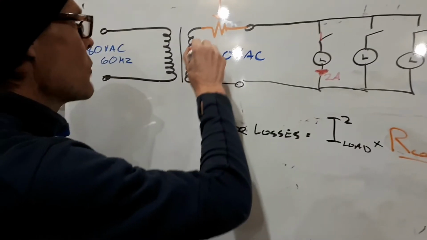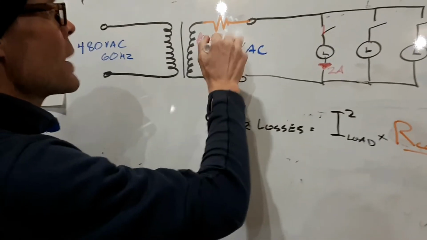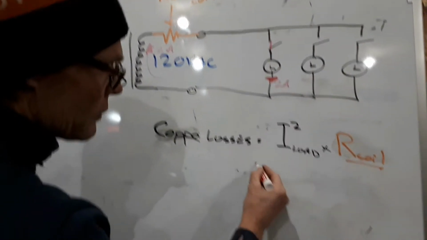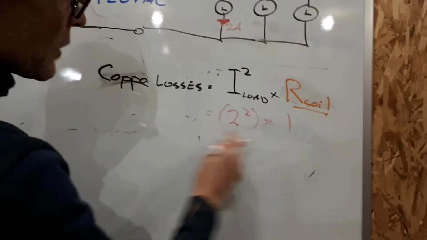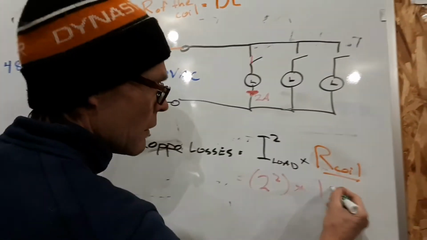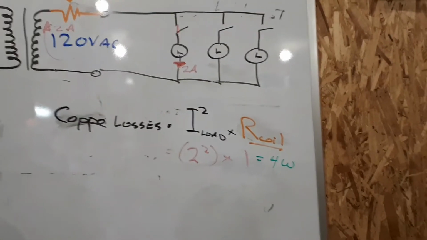So at that moment in time, let's say we have 2 amps flowing that way, 2 amps through right there, and that's going to create some heat, isn't it? So 2 squared times 1, with one switch closed, we're going to have 4 watts. All right, easy enough.